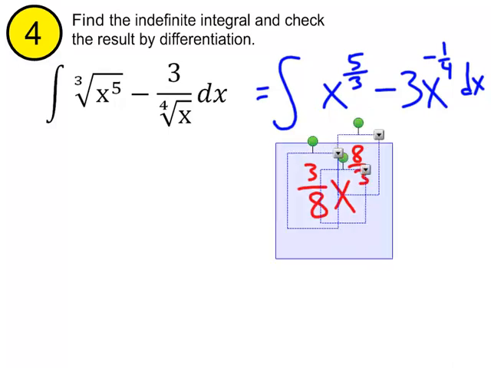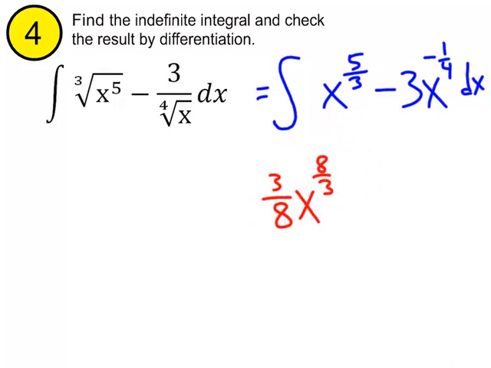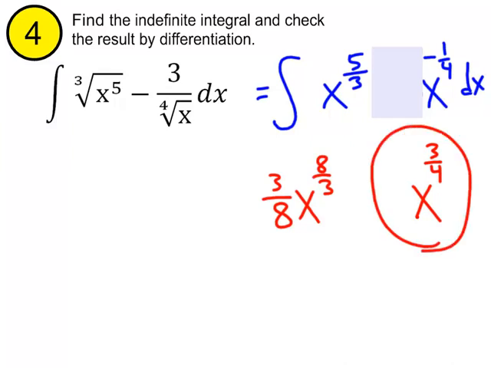All right, let's go on to the next one. And again, let's cover up the constant. Let's focus on that x to the negative 1/4. If I add 1 to the exponent in the form of 4/4, well, negative 1/4 plus 4/4 will give me 3/4. And same deal. Let's mentally derive that one.